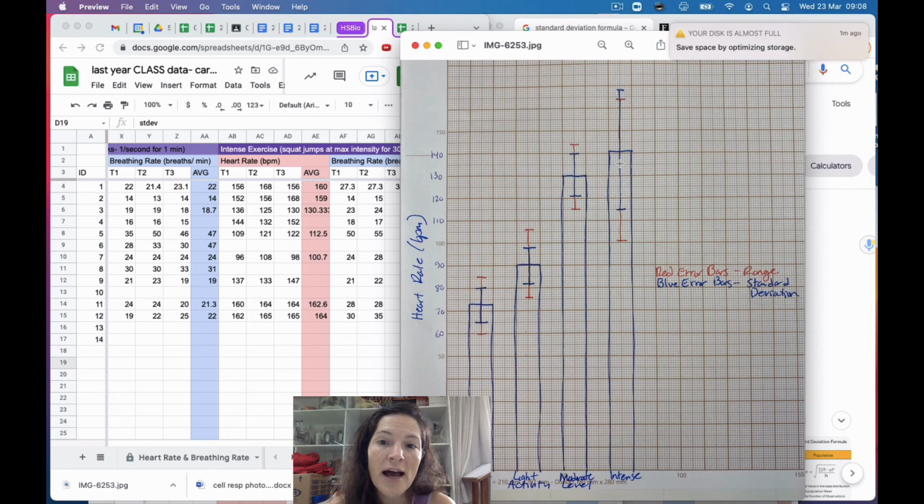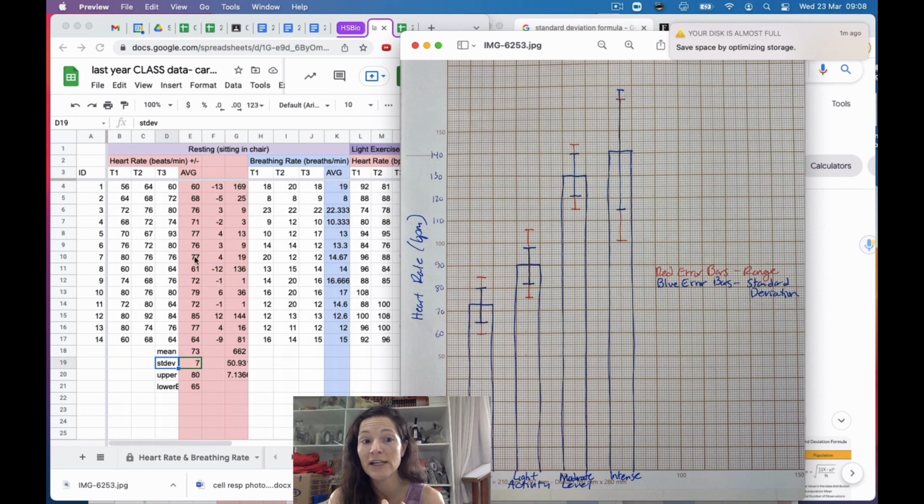And then for people that want a challenge, we're going to take a look at another statistical test that, even with overlapping error bars, might be able to tell us that averages are significantly different. So that's our next step. But everybody should be able to understand what standard deviation is and how it relates to your individual data points.